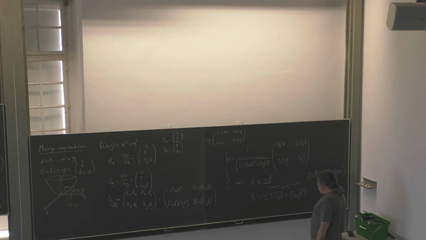Ultimately, what you want to do is find a way to discretize these things and put them on a computer. And this particular formula in here is going to be incredibly important.